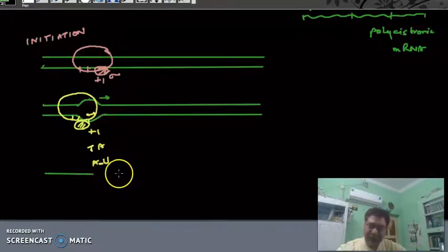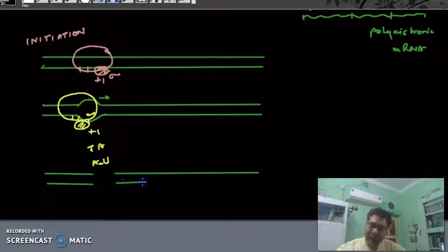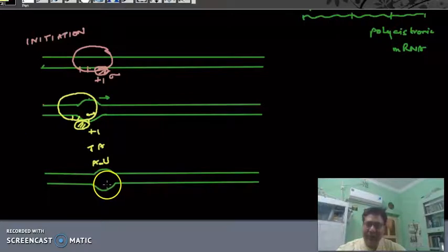So suppose it has moved about 8 to 9 base pairs towards downstream. So new RNA has been synthesized, about 8 to 9 nucleotides long.